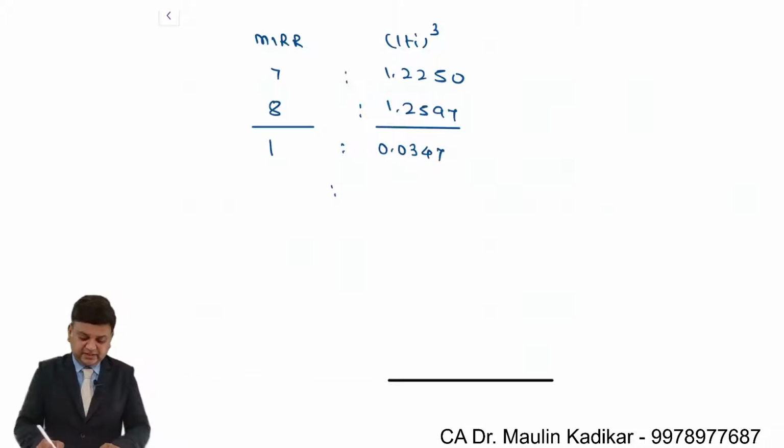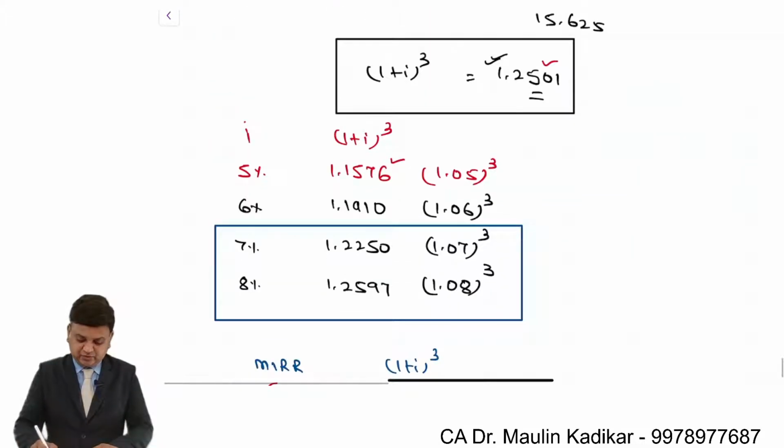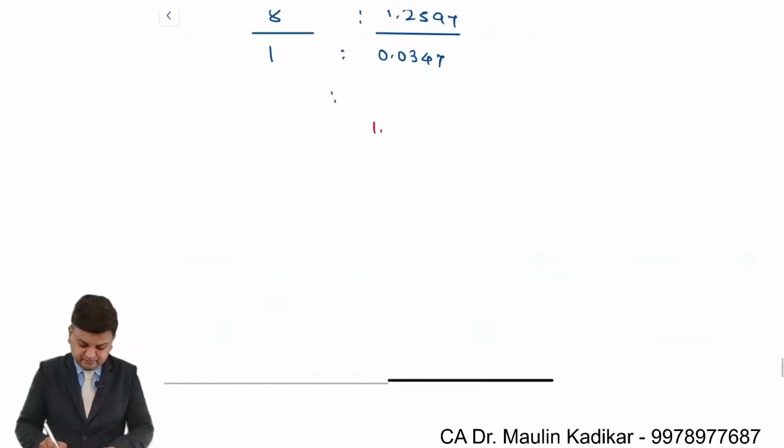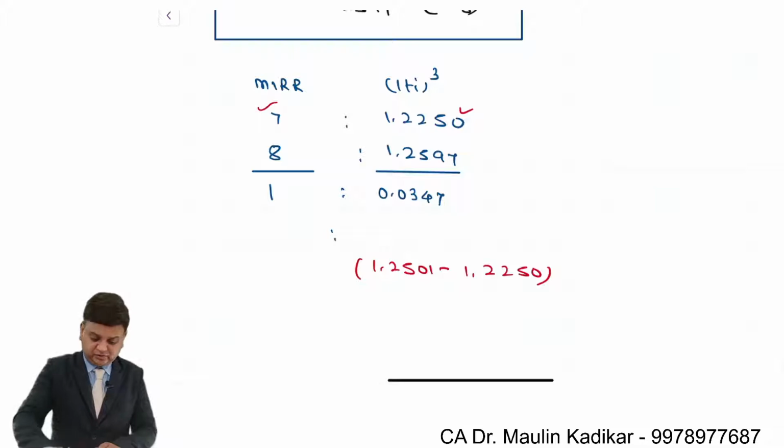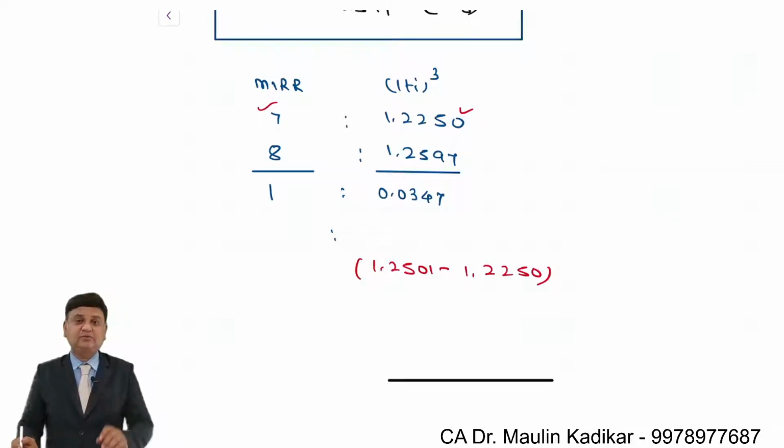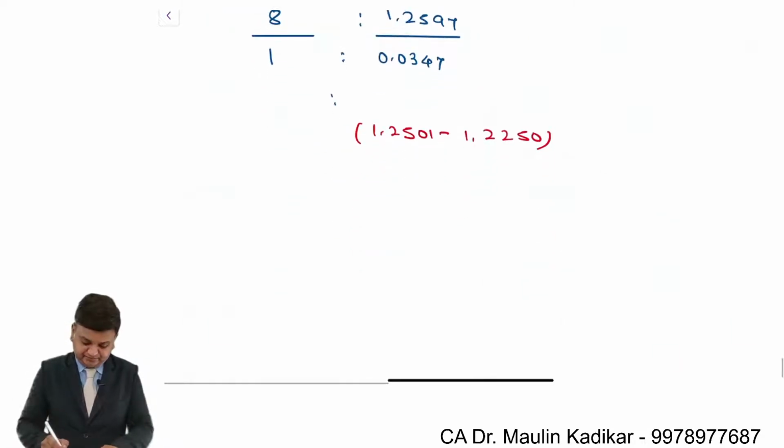Okay, now we will take the base of the lower cost of capital. So 1.2501 minus 1.2250. We take the base of the lower one. 1.2501 minus 1.2250 comes to 2.51 paise, that is 0.0251.